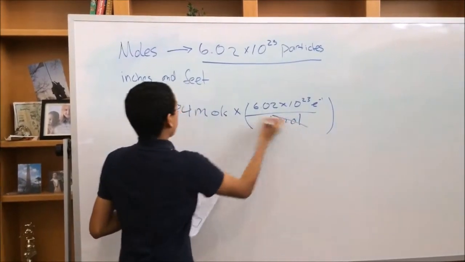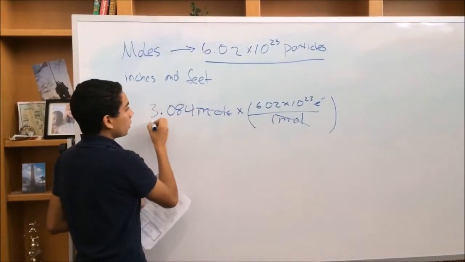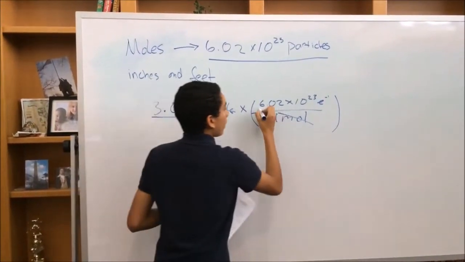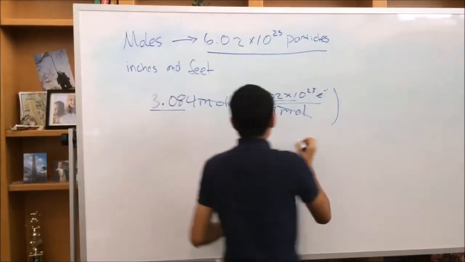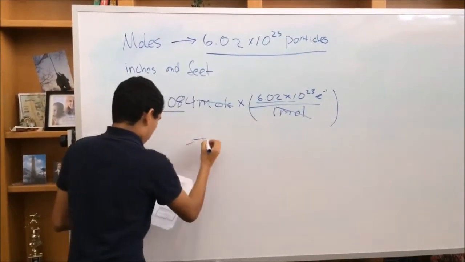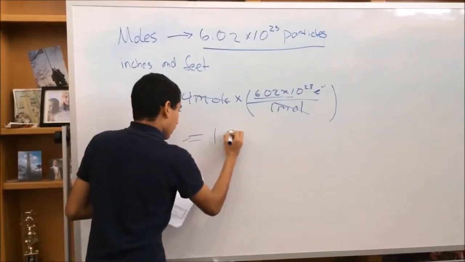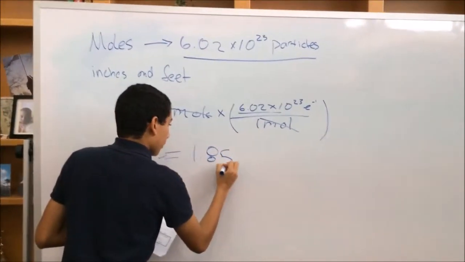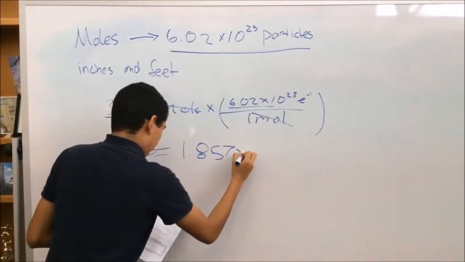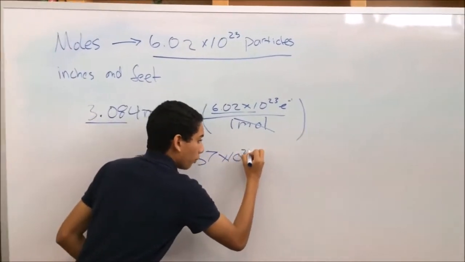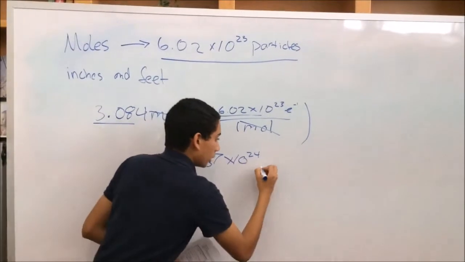The moles cancel out, and when you multiply this number and this number together, you end up with 1.857 times 10 to the 24th power electrons.